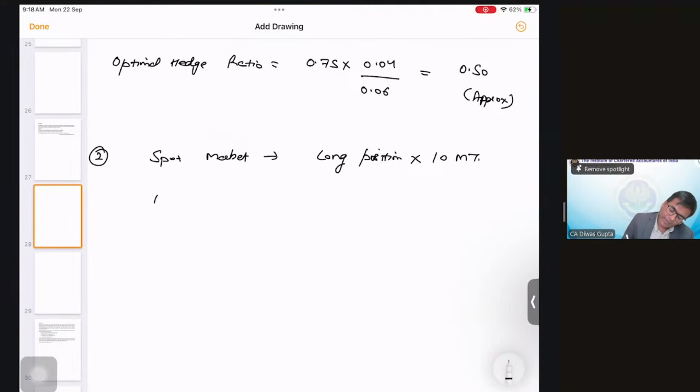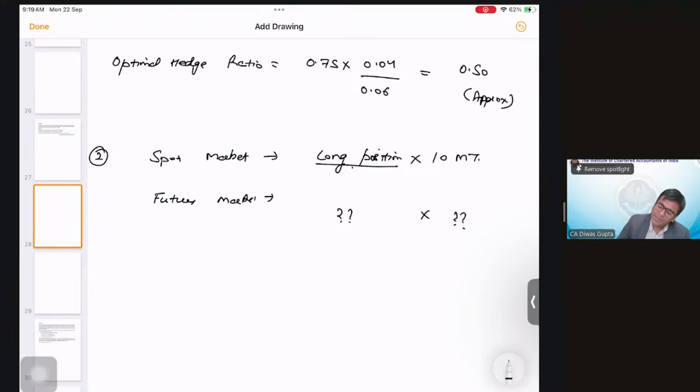Now tell me, in the futures market, what will you do? Which position will you take, and for what quantity? Come on students, tell me. I think the first part is easier.